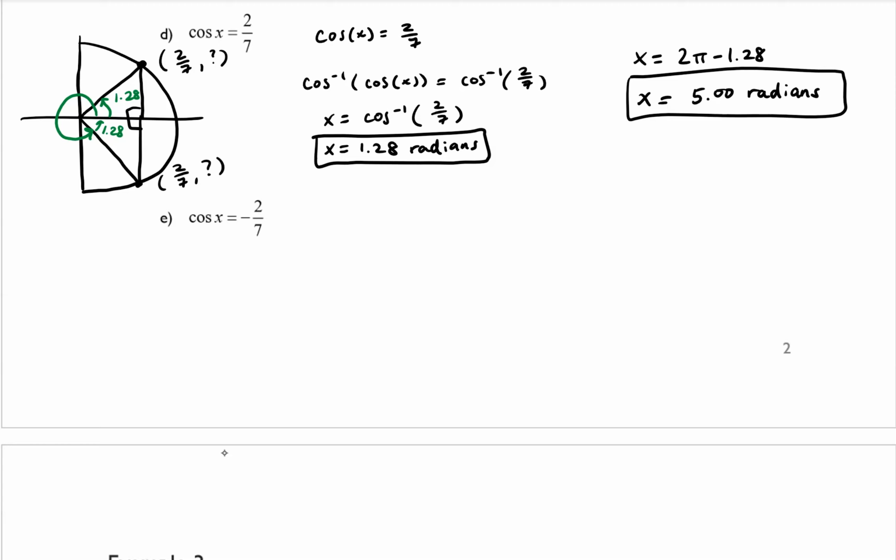Okay, and one thing that I just want to mention is that I am rounding these to 2 decimal places. Depending on what the homework asks, it might ask for an exact solution, and in that case, you might leave it as something like 2 pi minus cosine inverse of 2/7.